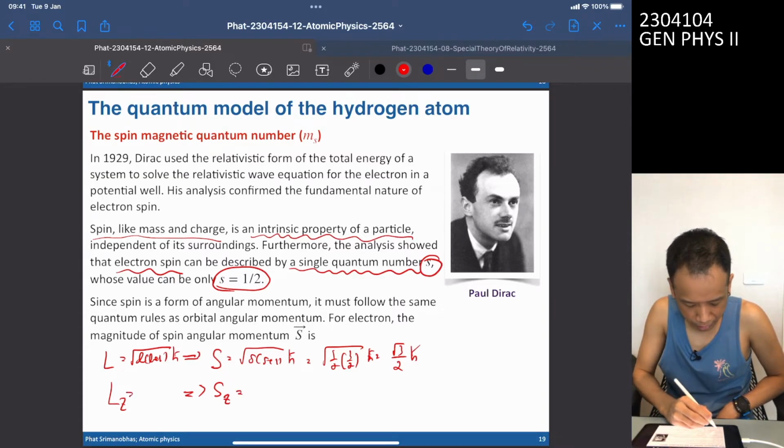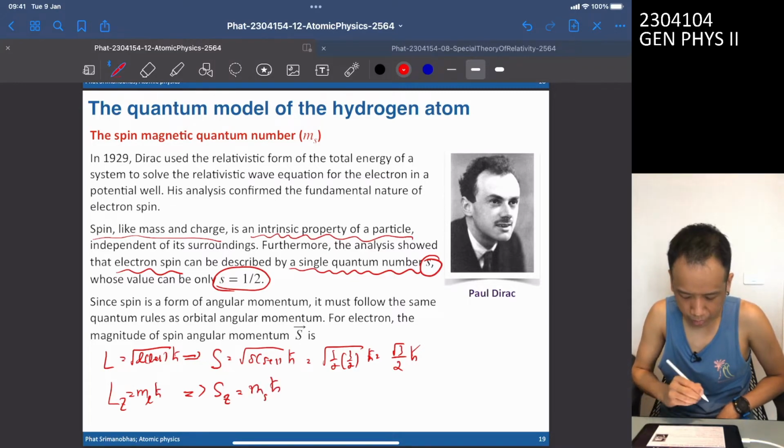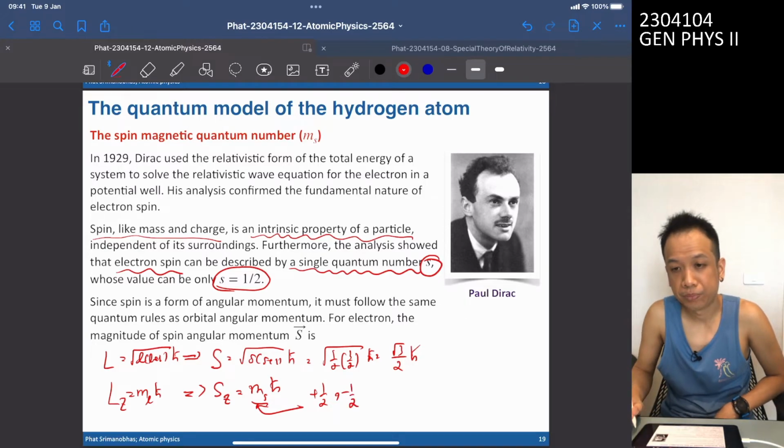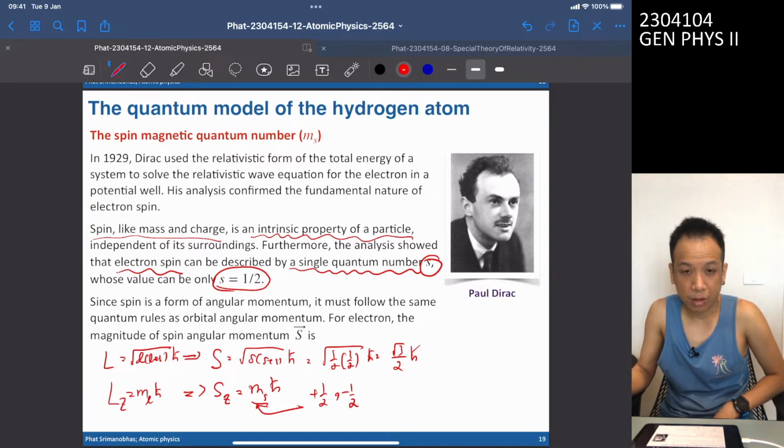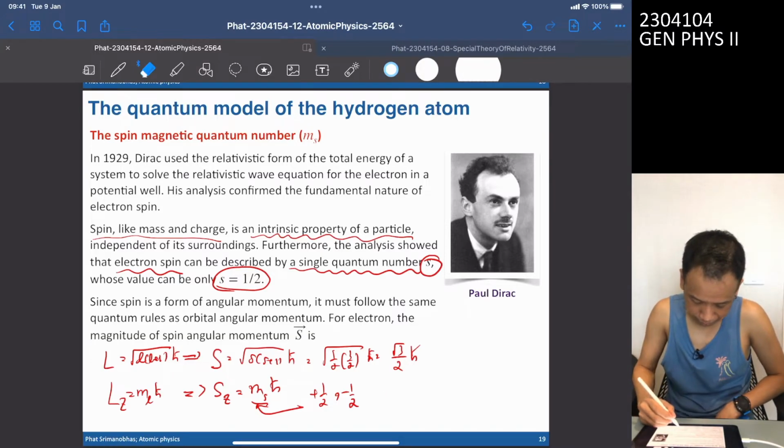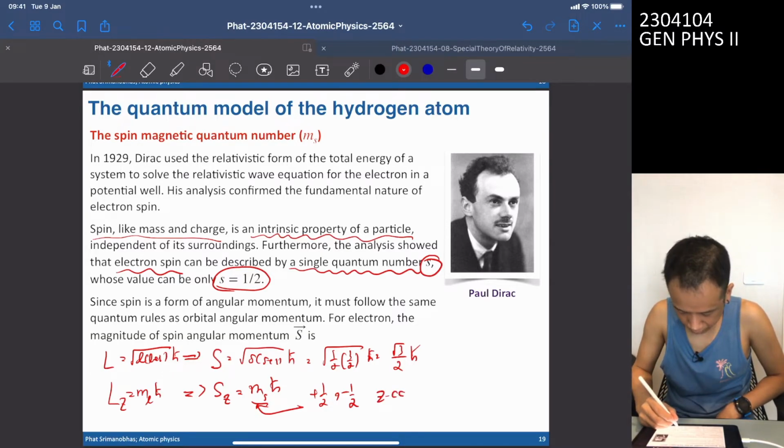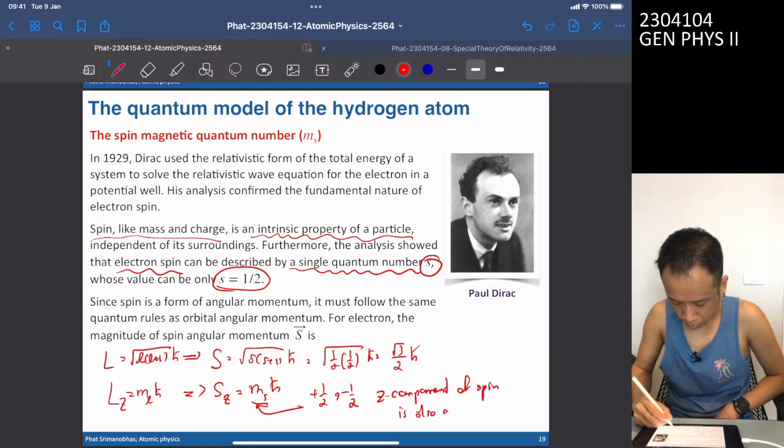The quantization is ml h bar for orbital, and for spin it is ms h bar. And ms is basically plus 1/2 and minus 1/2. So the z component of the spin is also quantized.